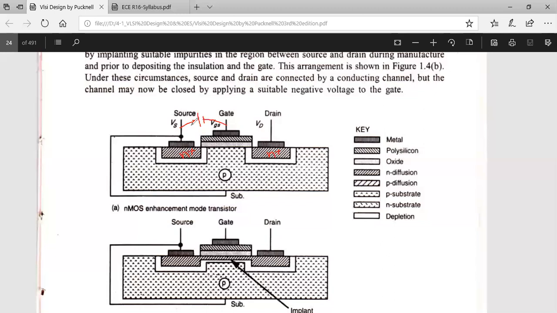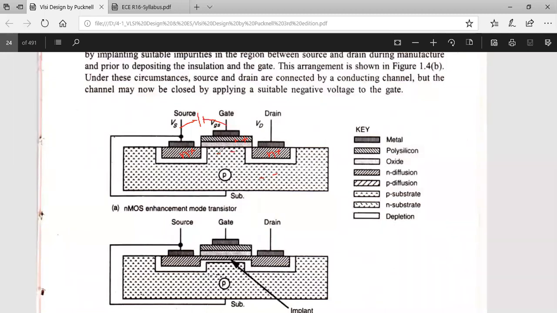When I give a positive voltage here on the gate region, a small amount of positive voltage is formed here. So the free electrons which are here and here started moving towards it.